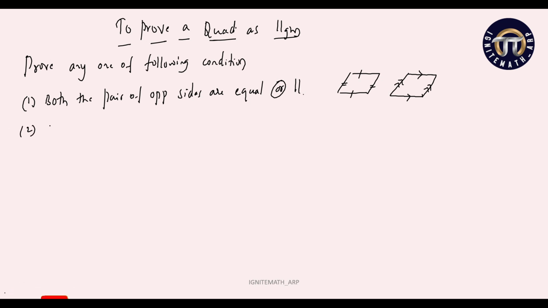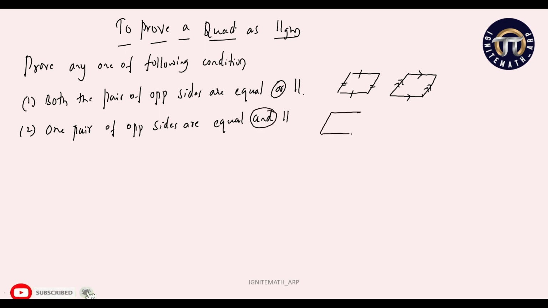Second one, one pair of opposite sides are equal and parallel. Okay, need to understand the difference, children. Here I need to prove one pair of opposite sides equal as well as parallel. Clear?